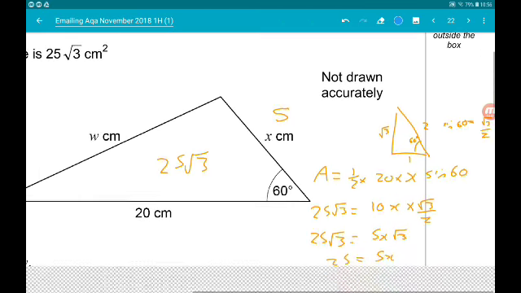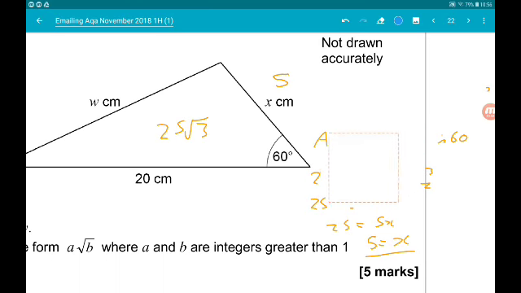So again, cosine rule, formula that you need, formula video down below.